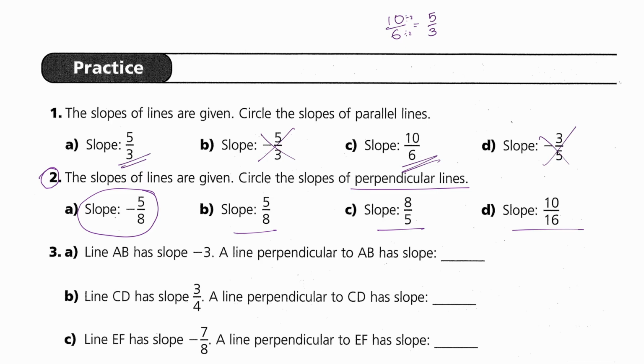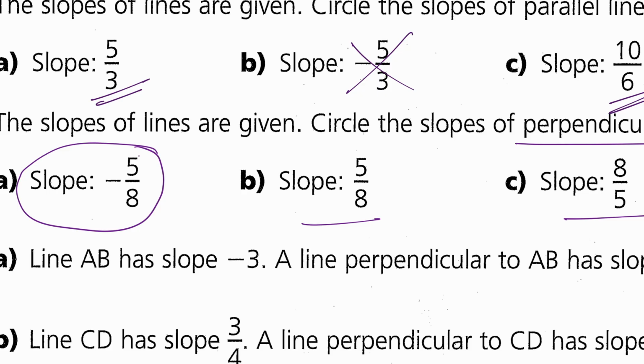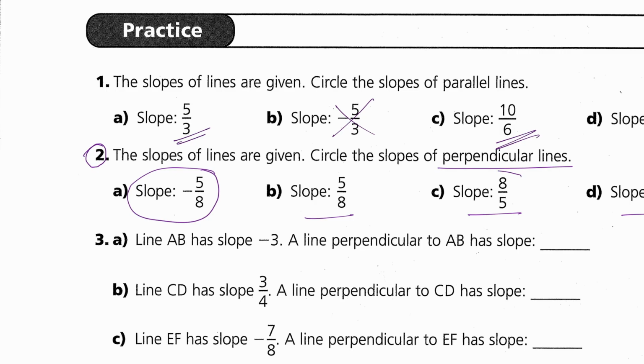Okay, so I am taking this one, negative 5 over 8. And you have to calculate the negative reciprocal of negative 5 over 8. So 5 over 8 becomes 8 over 5 without the negative sign. So this is the negative reciprocal of negative 5 over 8. So these two lines are perpendicular.